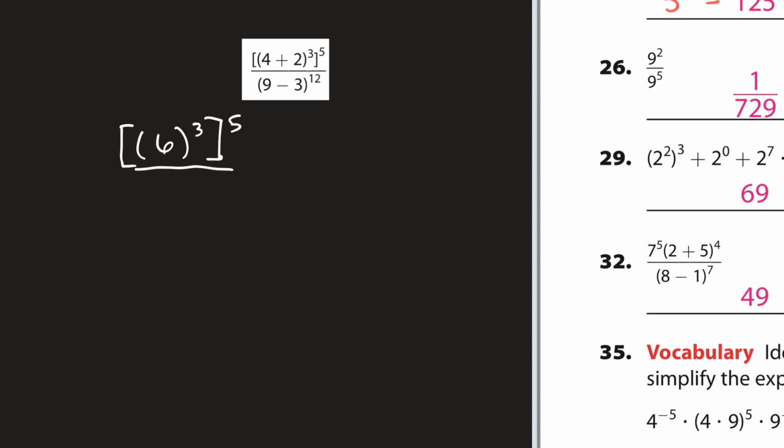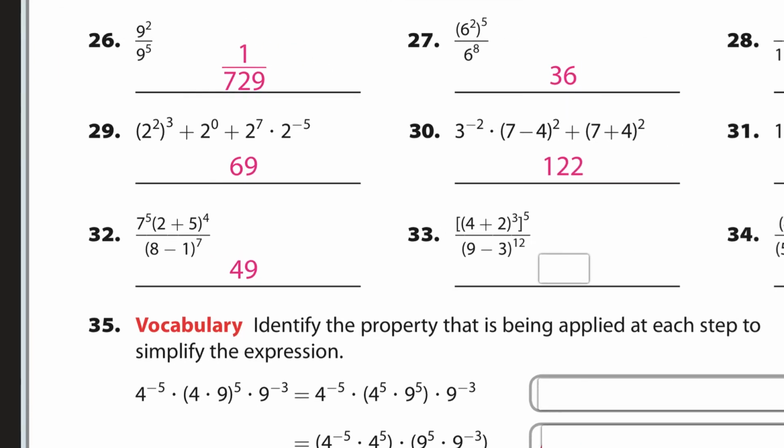And then in the denominator, we have 9 minus 3, which is also 6 to the 12th. Now I'm going to take that 3 to the 5th, you can multiply those two. That'd be 6 to the 15th. I don't need those brackets anymore. Over 6 to the 12th, which is equal to 6 to the 15 minus 12, which is 6 to the third. And 6 to the third is 6 times 6 times 6, which I think is 216. I'm pretty sure that's right. Yes, it is.